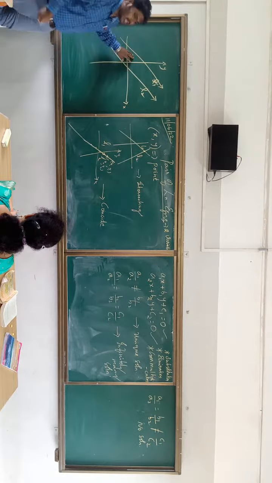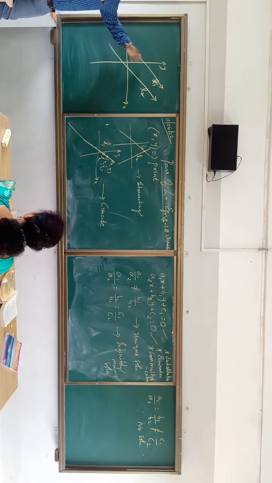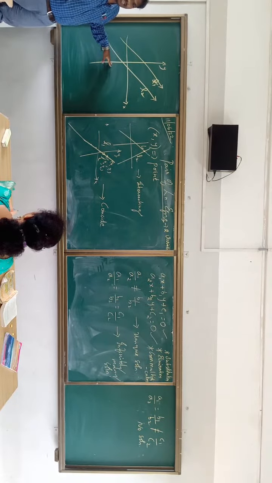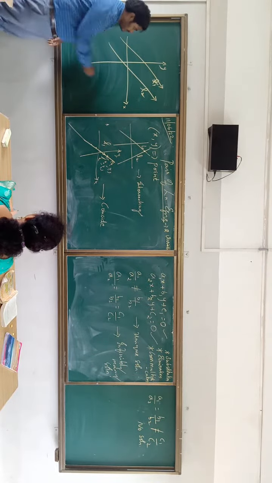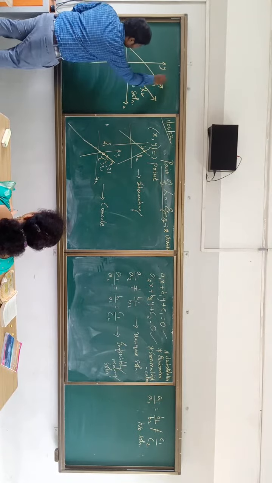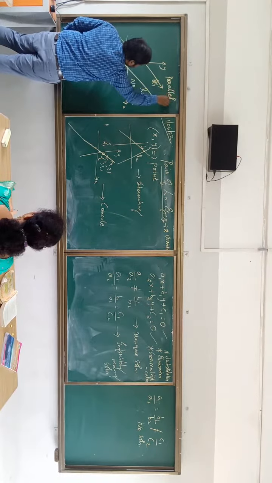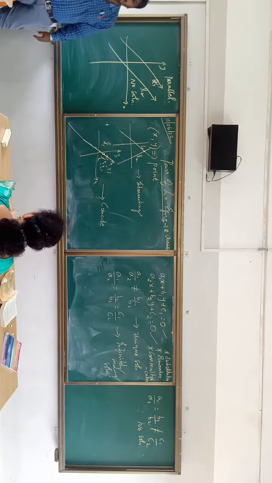How does it look? It is said to be parallel. Is there any coincidence or any intersection? No, they are separate. So what can I state? It has no solution. By that means they are parallel. Clear?